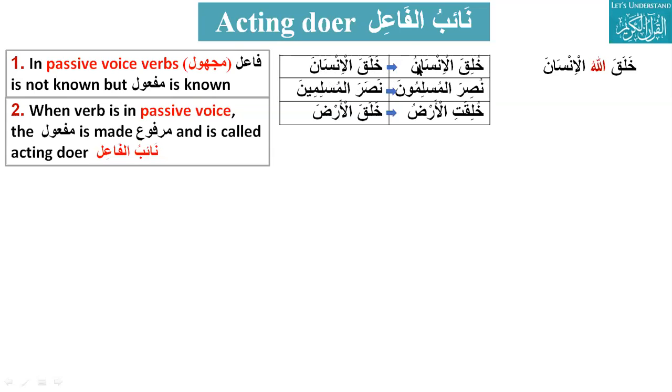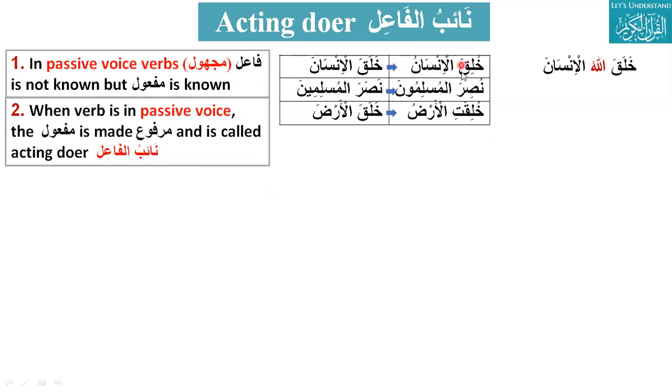So this insanu is now the acting fa'il, naibul fa'il, and it should be marfu'. So in passive voice verbs, the fa'il is not known, but the maf'ul is known. So here khuliqa is passive voice.